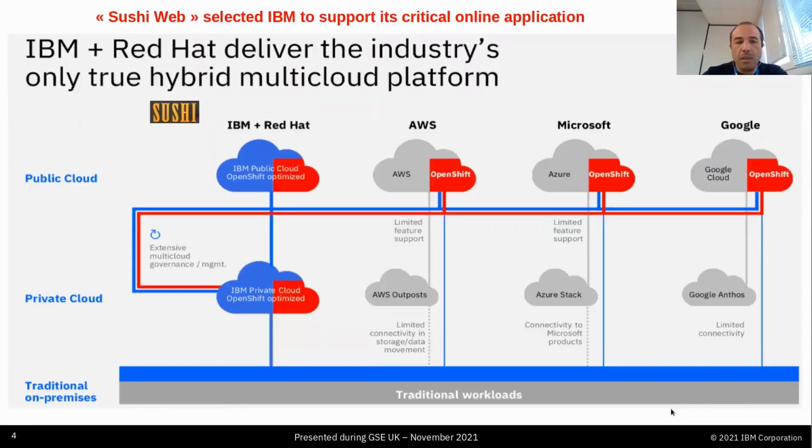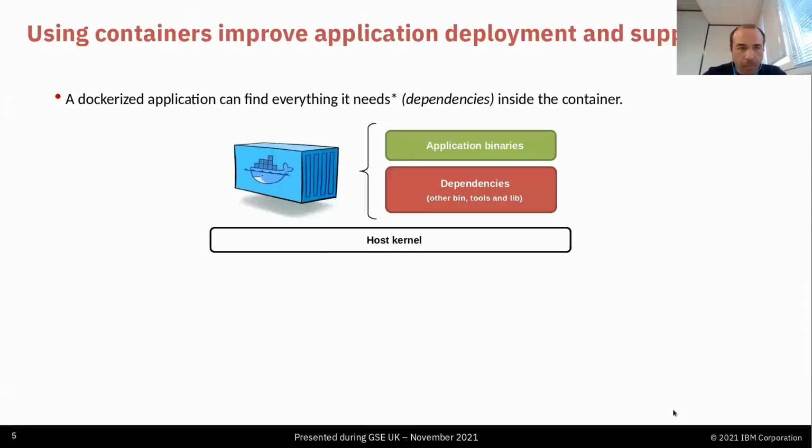One of the things about containers that we want to share as common information is that we are simply creating applications based on containers, and containers embed the application binaries as well as their dependencies. So it's binaries, tools, libraries, everything is inside the container.